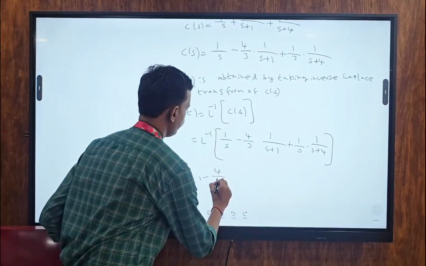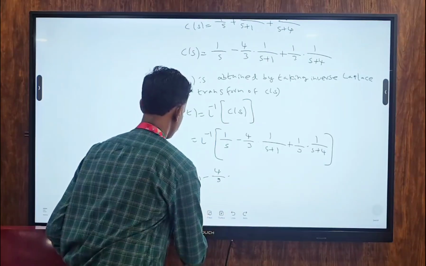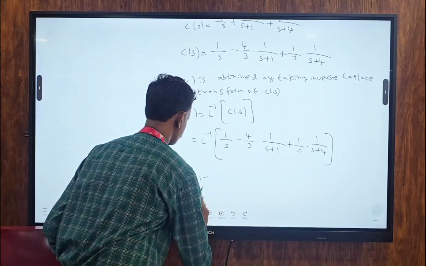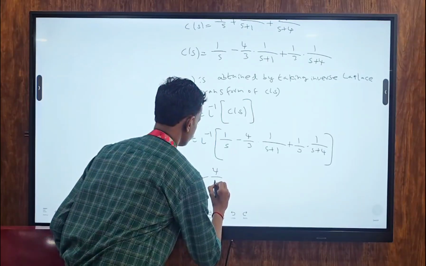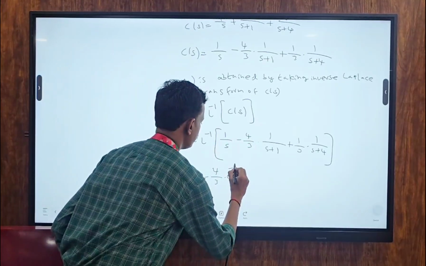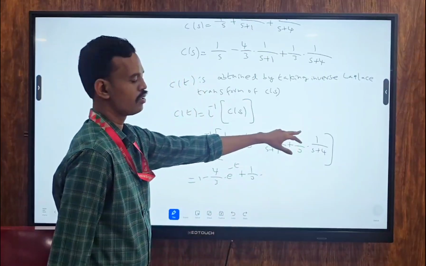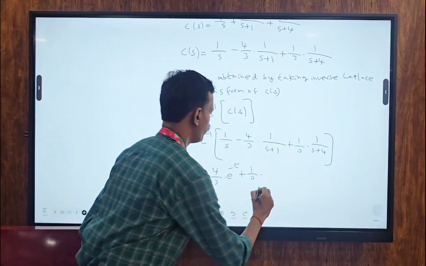Next, for -4/3 times 1/(s+1) we get e^(-t), and 1/3 times the inverse Laplace transform of 1/(s+4) is e^(-4t).